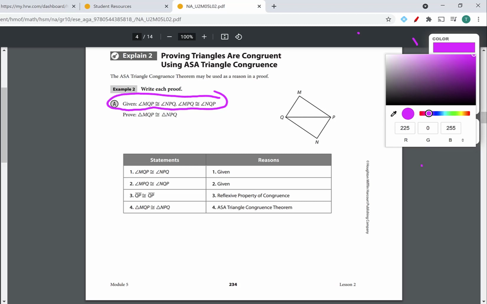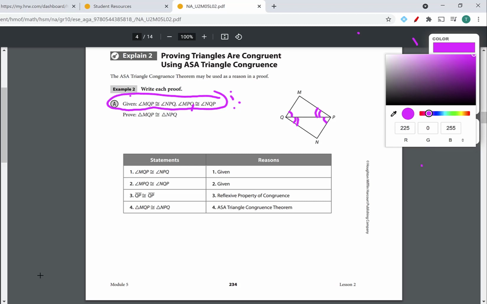So they give us that angle MQP is congruent to angle NPQ. And then they also give us information that angle MPQ is congruent to angle NQP.